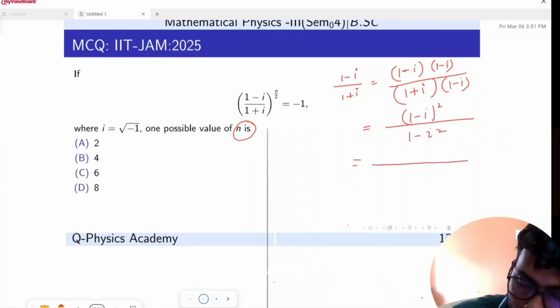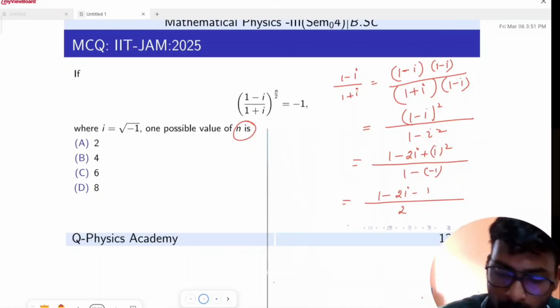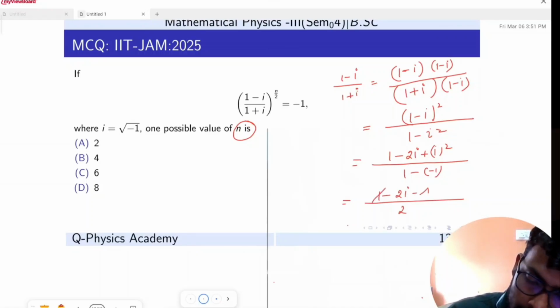So that is equal to 1 minus 2I plus I square and 1 minus minus of 1. So it is equal to 1 minus 2I minus 1, and in the denominator part 2. So 1 cancel each other, so you get minus I.